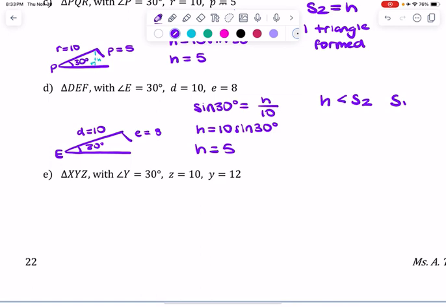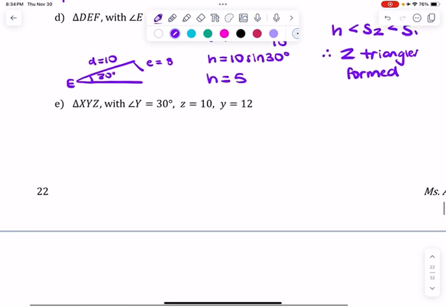So I'm going to put less than signs there because H is less than side length 2, which is less than side length 1. Of course, you could write this as 2 inequalities and just write "and" in the middle. So side length 2 is bigger than the height, and side length 2 is less than side length 1. Totally cool. And when we have this, we have 2 triangles that are formed, which is super exciting.